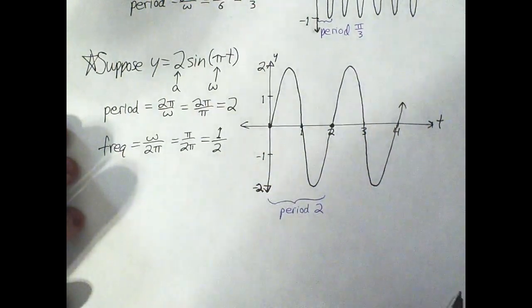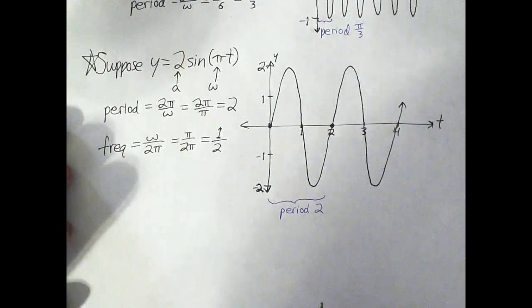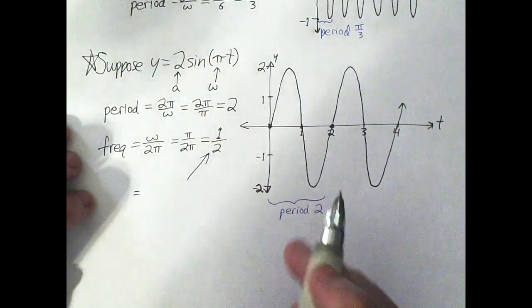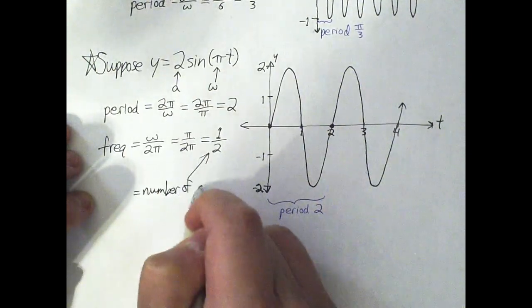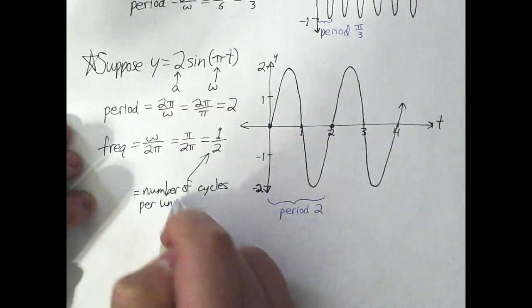What does the 1/2 represent? Well, on the previous page, when we had the definition of amplitude, period, and frequency, we said that the frequency equals the number of cycles per unit of time.